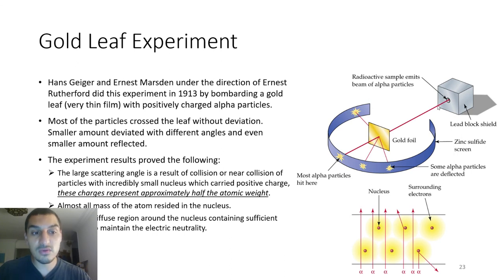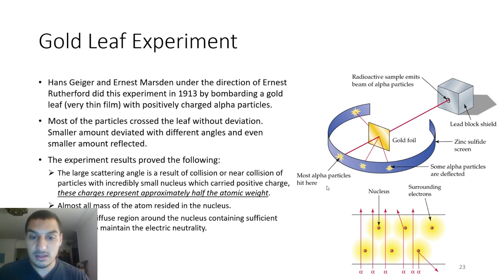So the big ratio of particles that penetrated the foil means that there is a lot of space in the atom, and this space allows the particles to move through between the particles and go to the other side.